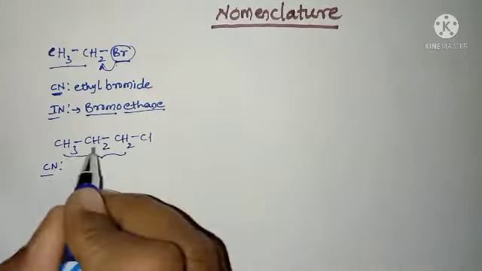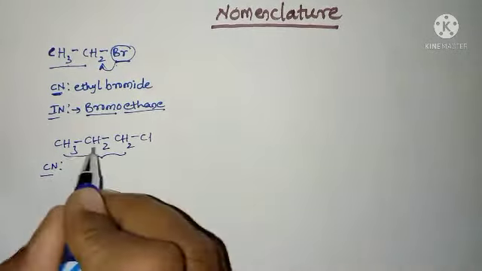Here 1, 2 and 3 carbon atoms are there, so it is propyl chloride, because the chlorine atom is attached. Because this is a straight chain of carbon atoms, we have to use the prefix n. So the common name of this organic compound is n-propyl chloride.